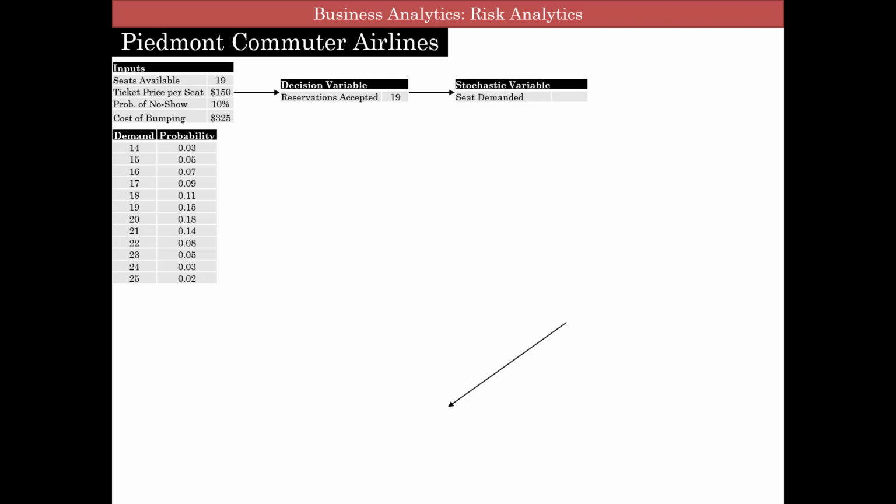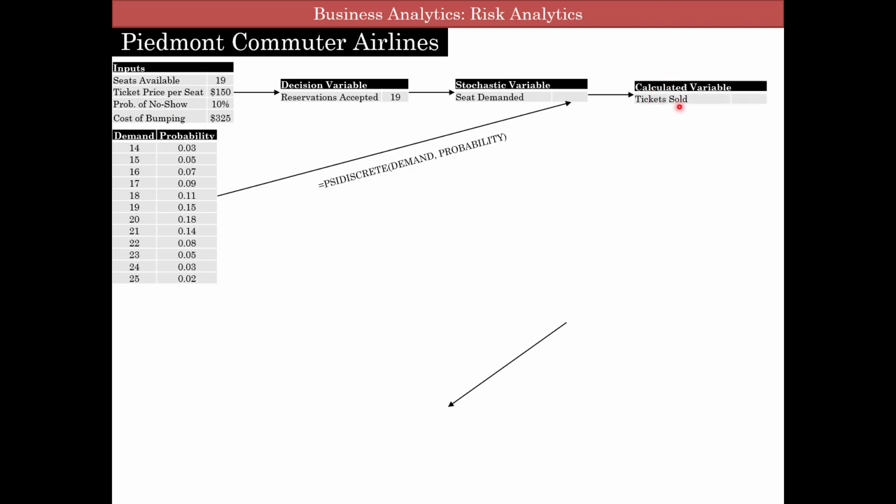So the stochastic variable is your seats demanded. You're going to use PSI Discrete, and you're going to look at the demand and the probability. And the calculated variable is your tickets sold. If your reservations accepted is more than the seats demanded, then seats demanded is your tickets sold.